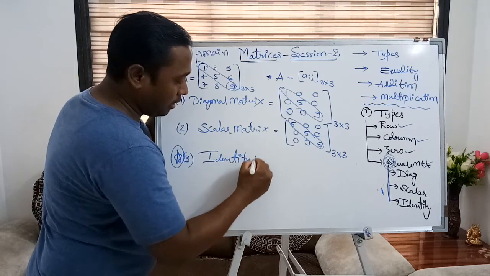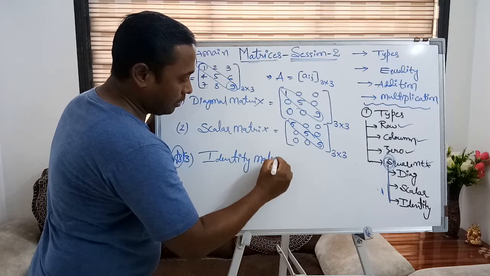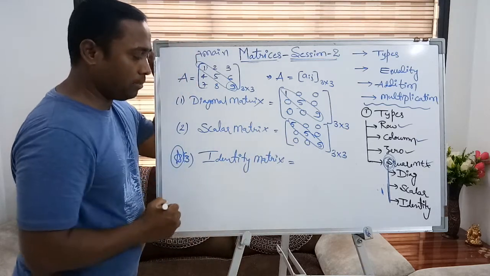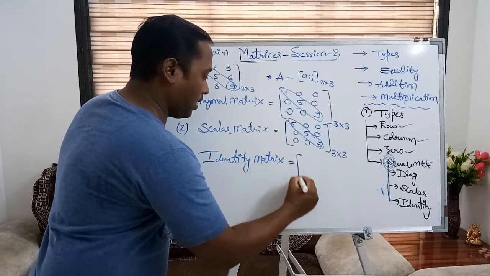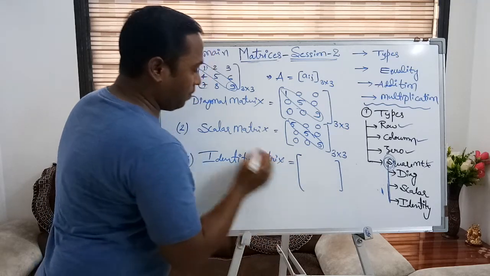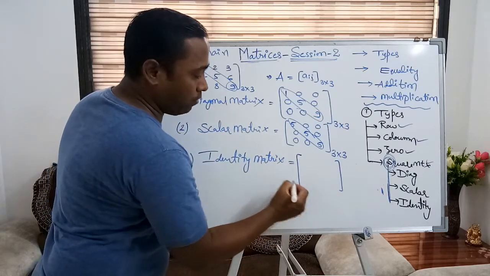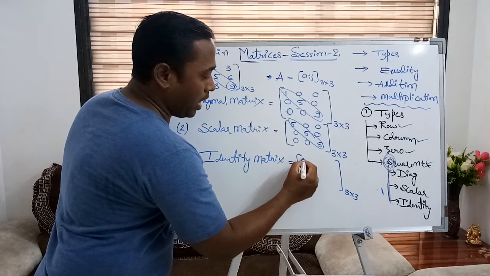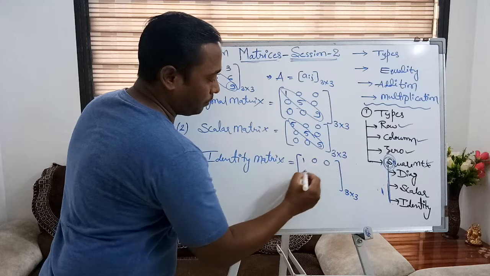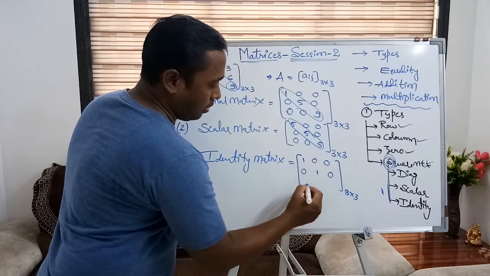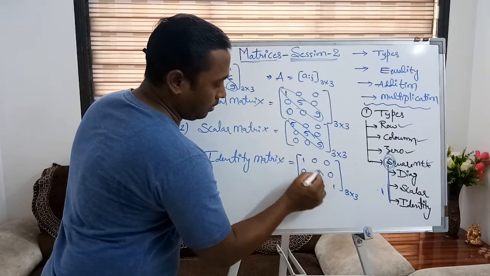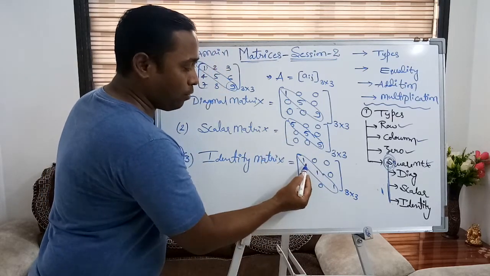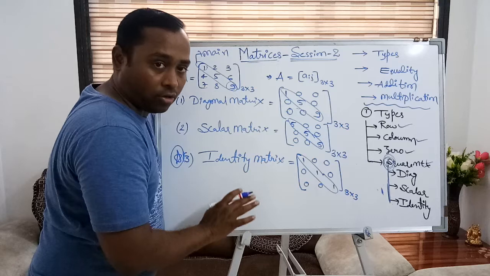When I say identity matrix, it is again a kind of diagonal matrix only. Here all diagonal elements are unity, meaning fixed, there should be no entry other than one.